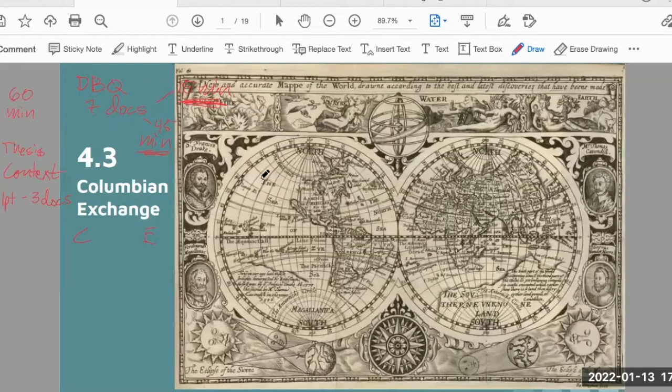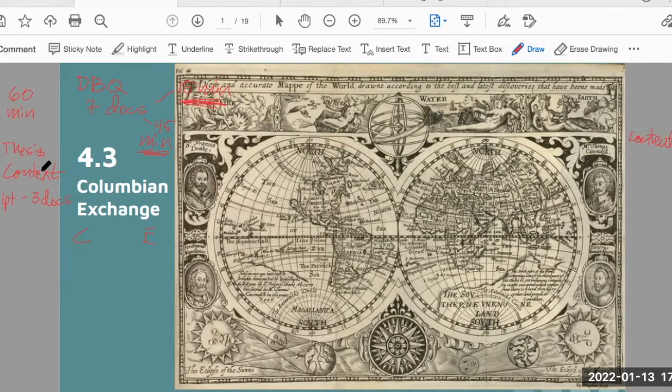We don't quote the document at all. We simply give a description of it. If you can do that for 3 documents, you get 1 point. And again, that is the content point. Remember that content is not the same as context.